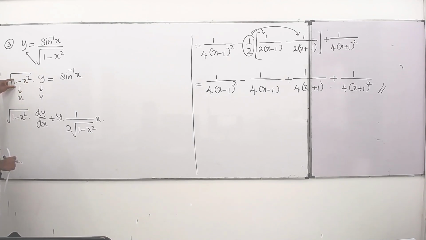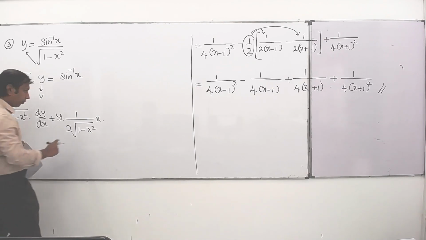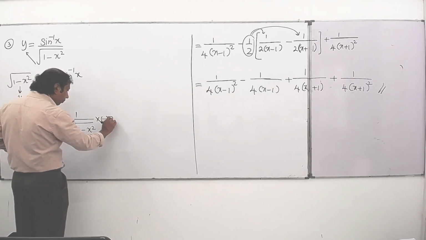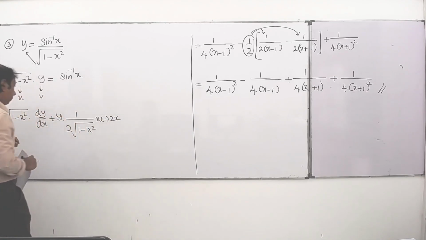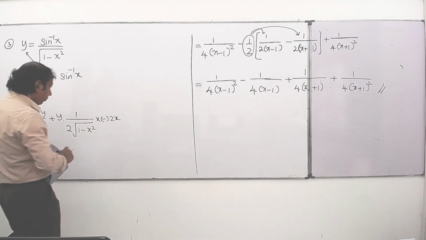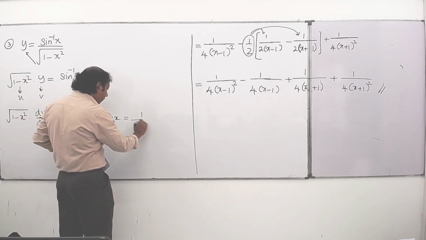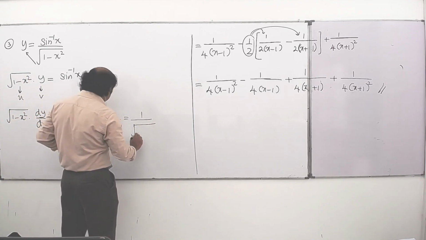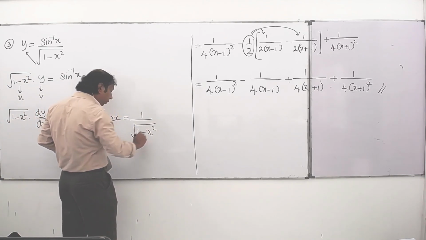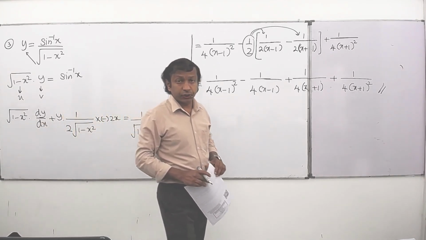One is a constant, 0, minus x squared derivative is 2x. Go to the right hand side, 1 over root 1 minus x squared. Understood?